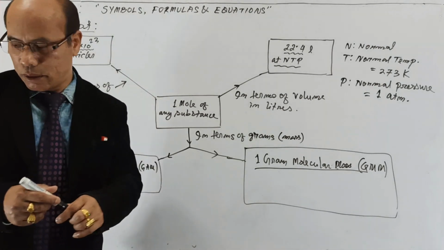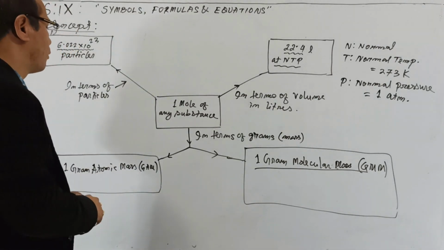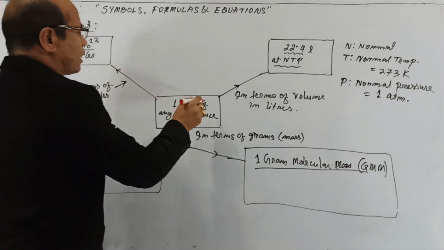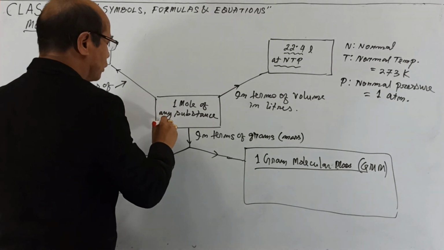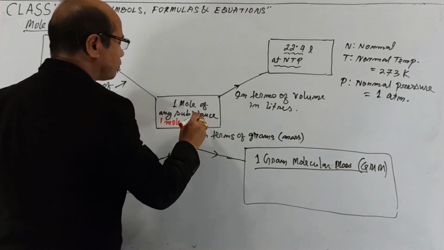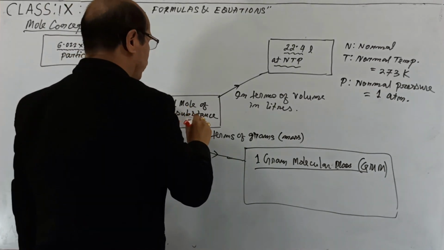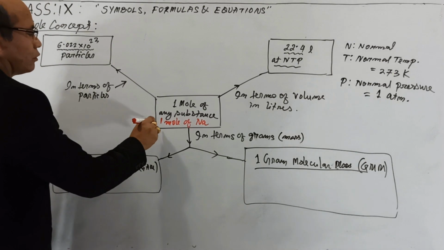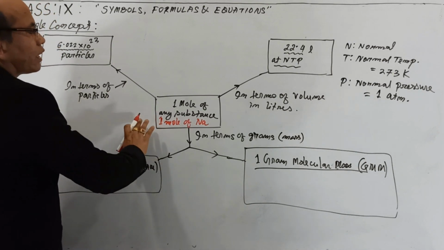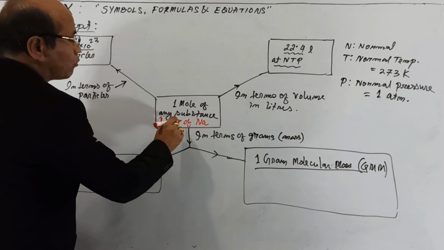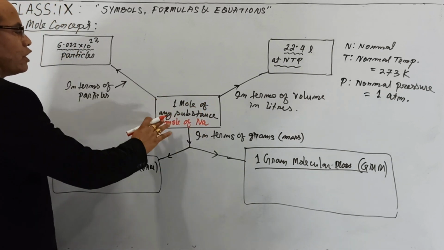Let us say, for example, let us take 1 mole of sodium. Na is the symbol for sodium. You can take any other substance, but for now let us take 1 mole of sodium.